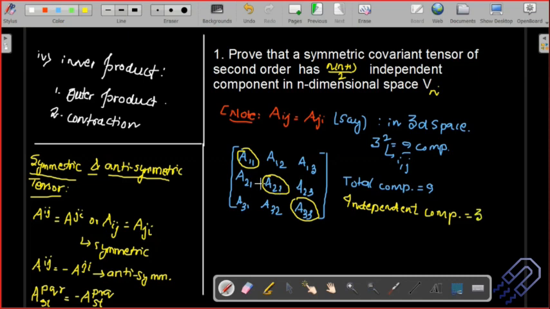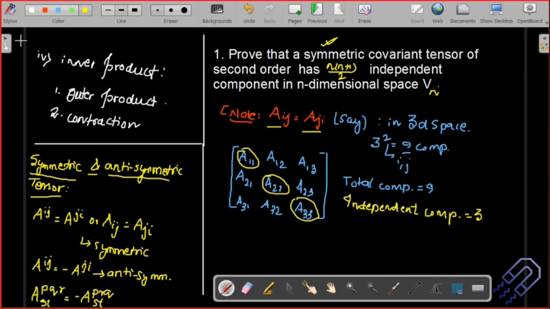Other than that, we are also having these components, a12, a13, a23, a21, a32, a31. Now these are all forming the upper triangular matrix and the lower triangular matrix, right? And the property is already given that aij is equal to aji, because we are talking about a symmetric tensor. Why are we studying symmetric? Because the question says symmetric. If it is antisymmetric, the properties will be kind of different, so we're not going to look into that right now.